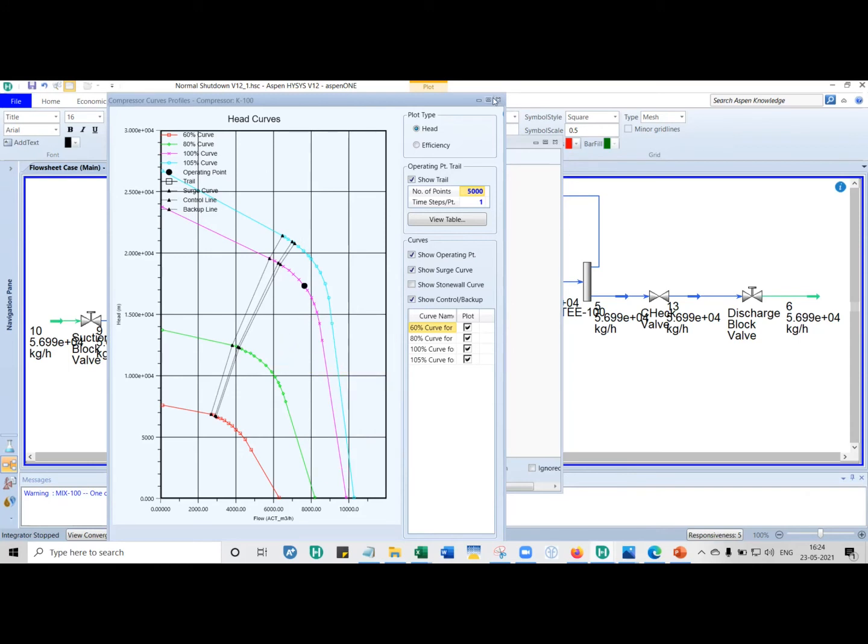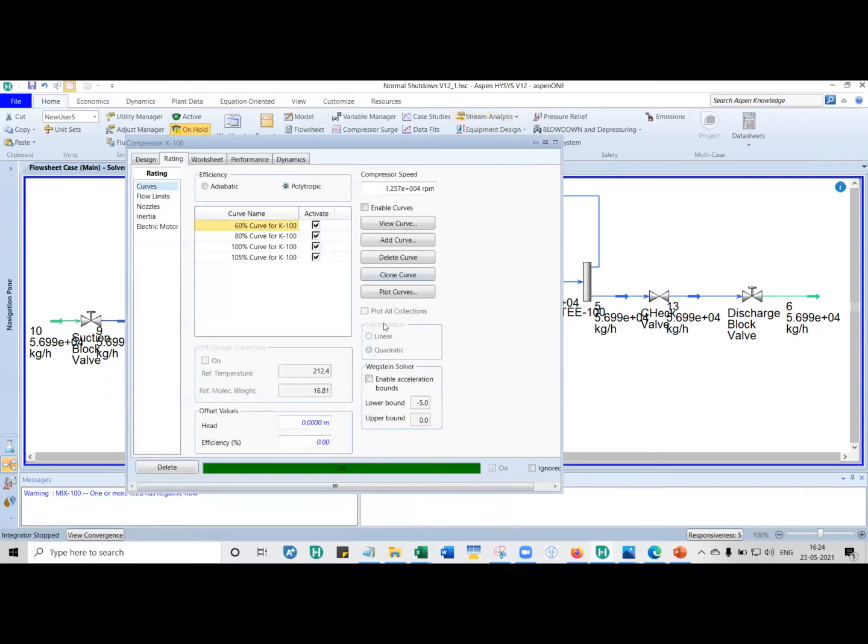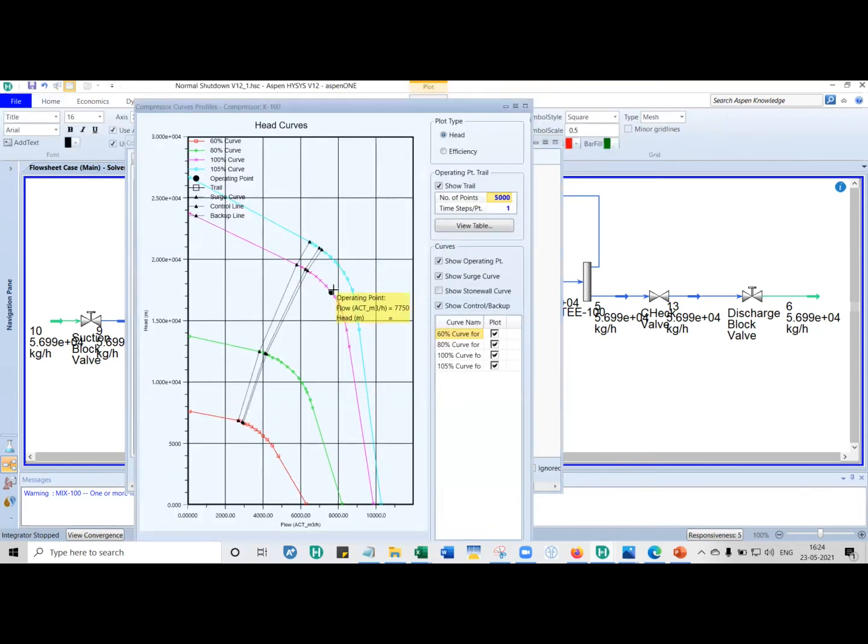So do extend the lines when you feel that the results are not too accurate. When you're doing a shutdown, the operating point will start flying in all the different directions like this. When you do an actual simulation, the moment it crosses this surge line, it will go up and down like this, flying up in the air.